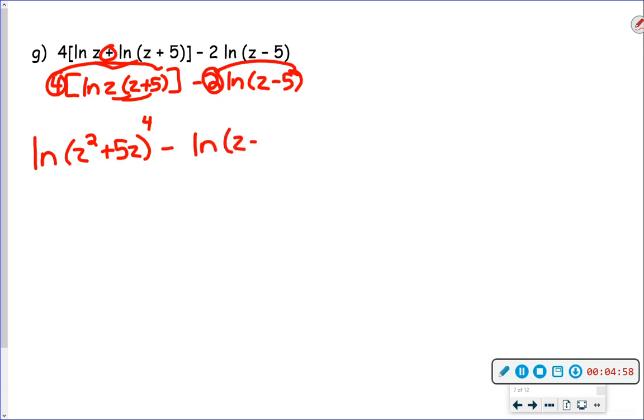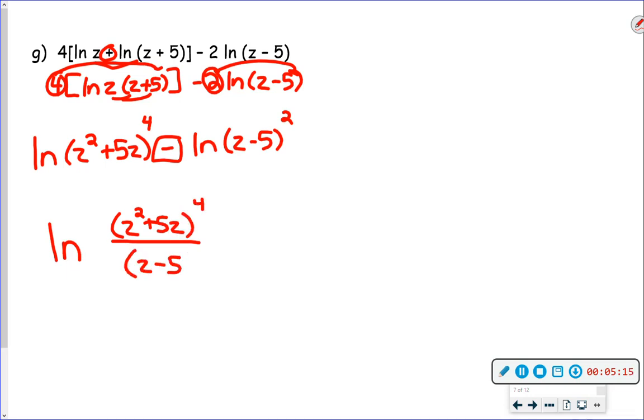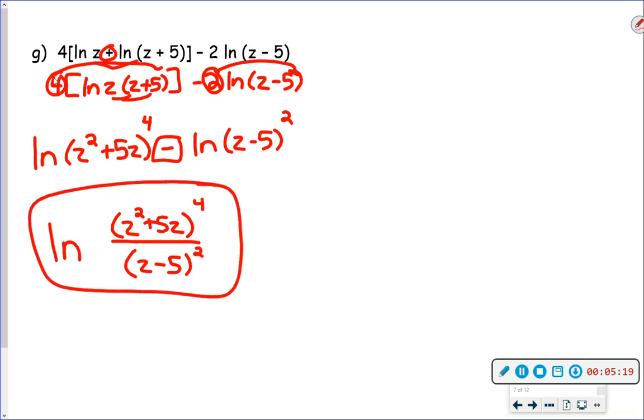And then I'm going to raise z minus 5 to the second power. Okay, I'm going to condense this down. 2 ln's subtracted, condensed to a single log, divided. So my numerator is this crazy z squared plus 5z raised to the 4th power, and then my denominator, z minus 5 squared. Looks crazy, but that's as far as we can simplify it.